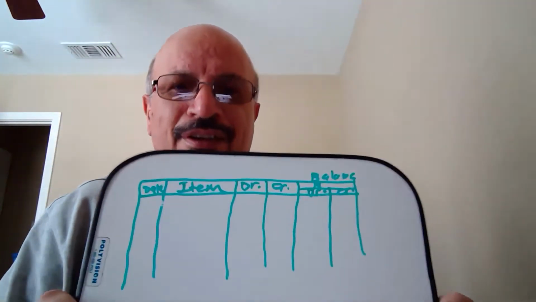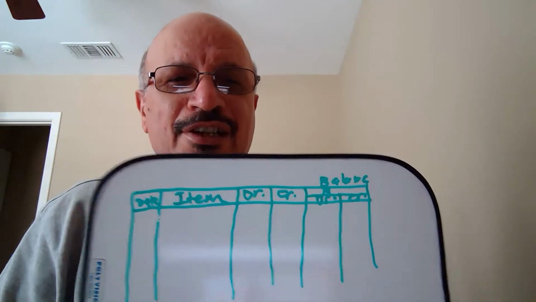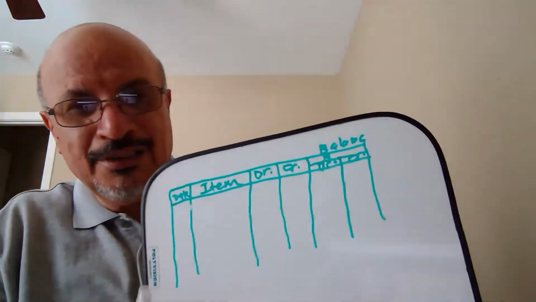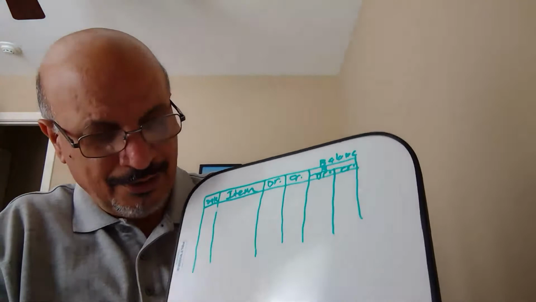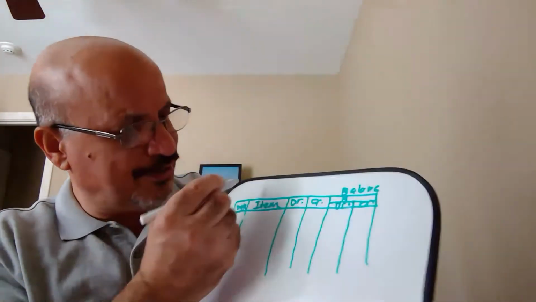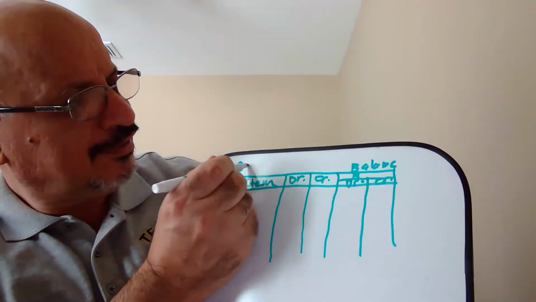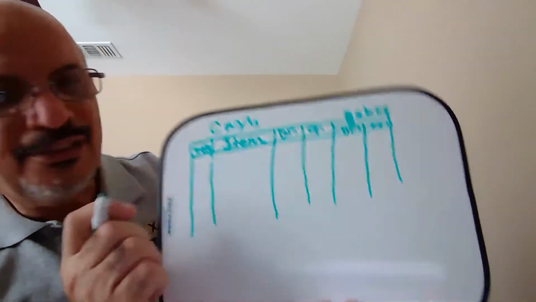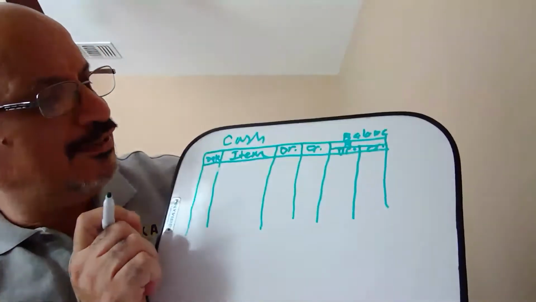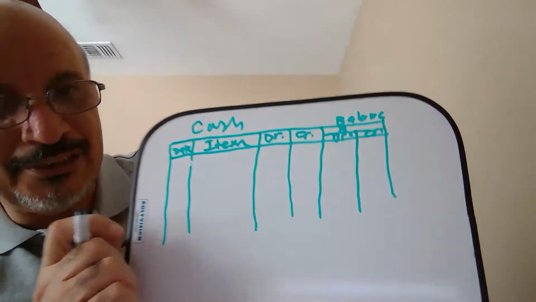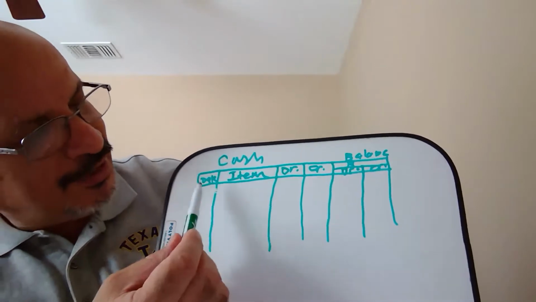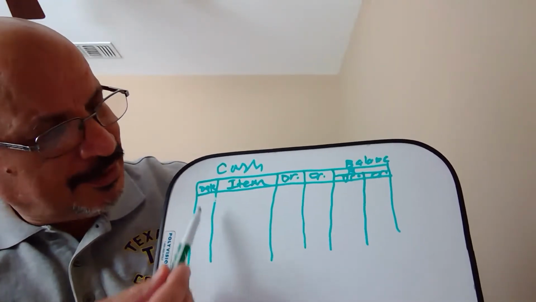Let me show you how the general ledger account looks like. This is a general ledger account. Let me go through it with you. So cash, I'm going to write down cash. You all see that? I know you can't read, it's not good handwriting, but this is cash. The first column is the date.